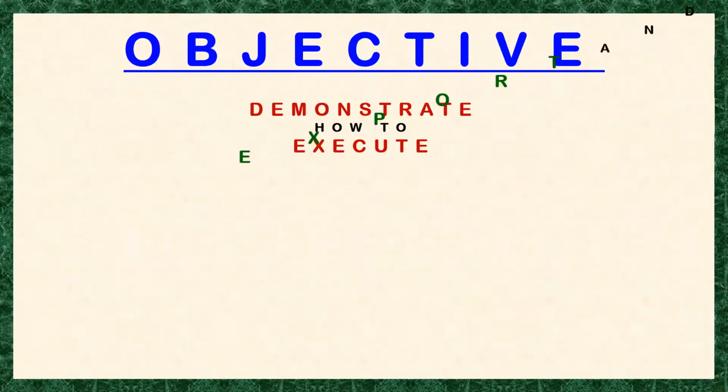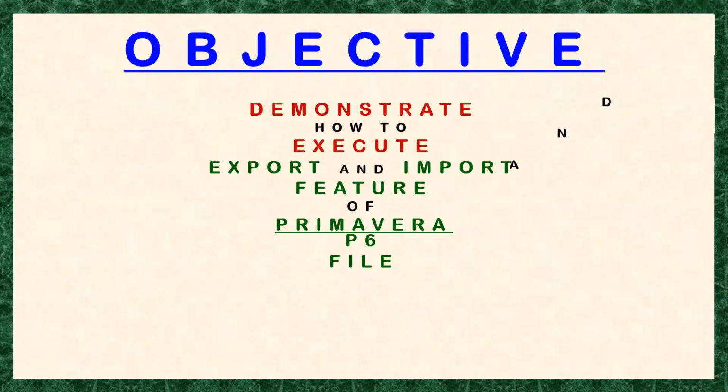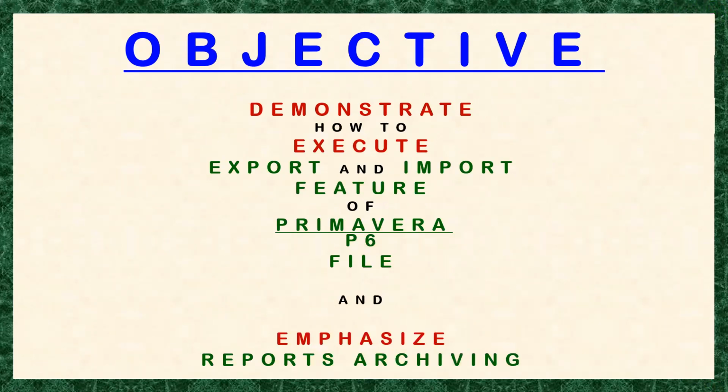Our objective here is to demonstrate how to execute the export and import feature of Primavera P6 file, and the second one is to emphasize reports archiving. So what is the use of a Primavera P6 file?